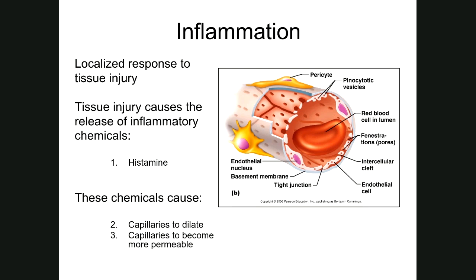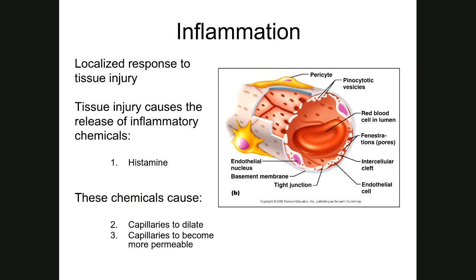So another thing that you commonly see with inflammation is swelling in tissues, and what you're actually seeing when a tissue swells is fluid that's leaking from these capillaries that have become more permeable.